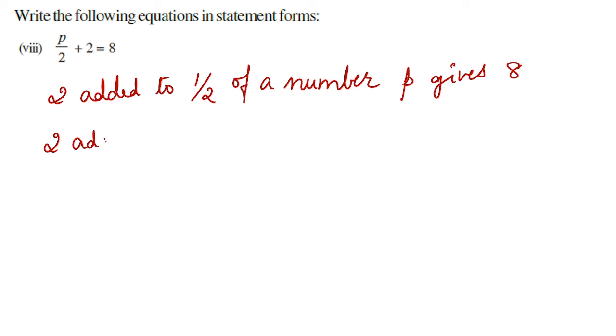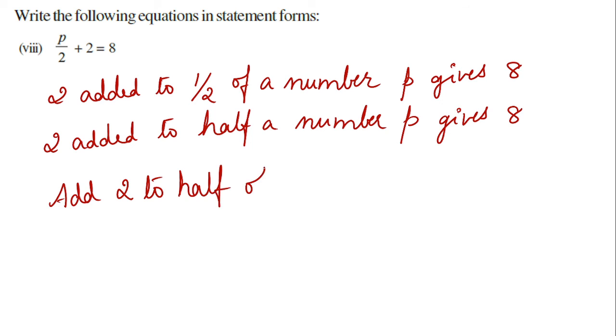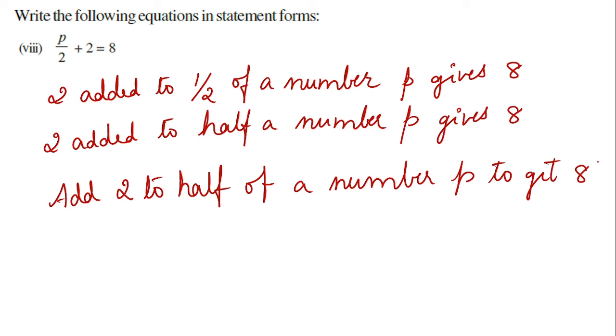The second way of writing it is 2 added to half a number p gives 8. Another way of writing this is add 2 to half of a number p to get 8.